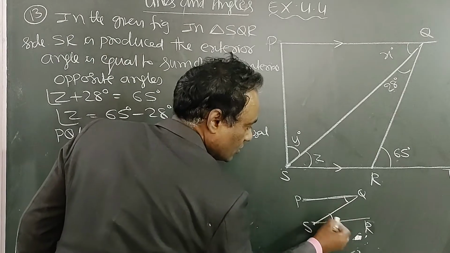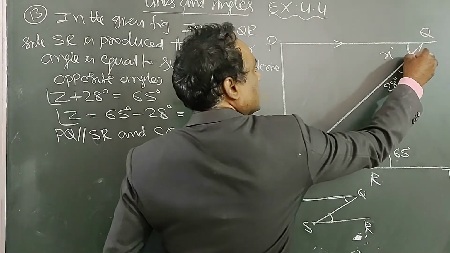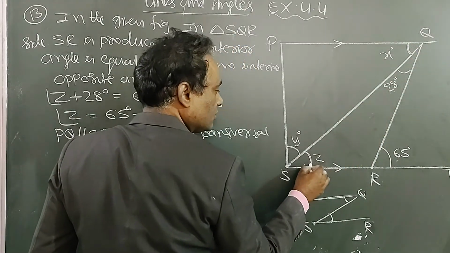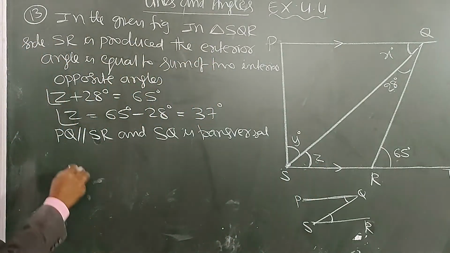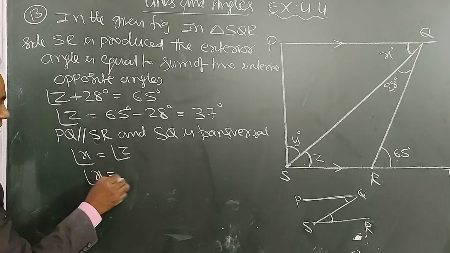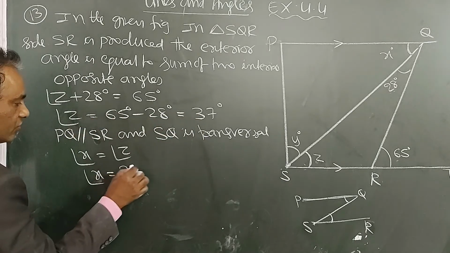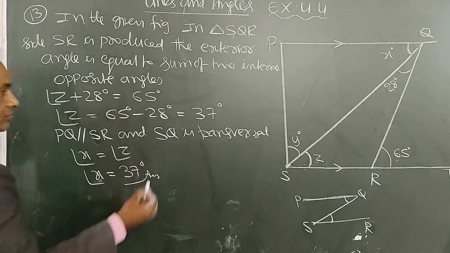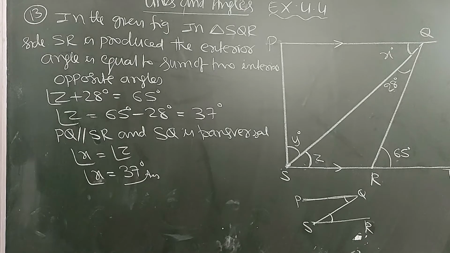Then this angle is equal to this angle. That means angle X is equal to angle Z. Angle X is equal to Z, which is 37, so X is also 37. We got X is equal to 37.